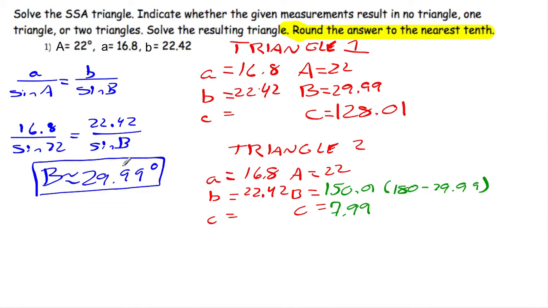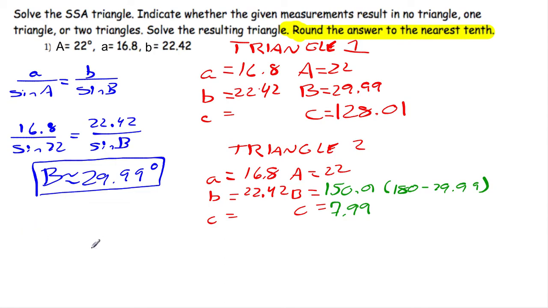And so when I get my answer for B, I find a supplementary angle, an angle that's supplementary to this, which would be 180 minus 29.99, and I get 150.01. So these two angles A and B are less than 180. So I can subtract the sum of these two from 180, and I get this. So there are two triangles whose angles add up to 180 degrees. That means that there are two triangles in this case.